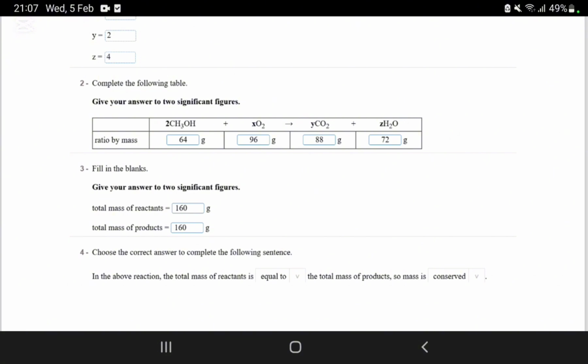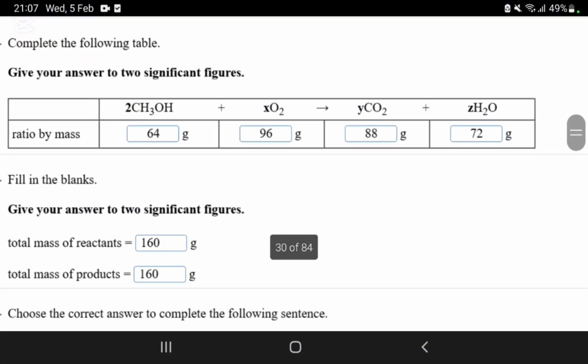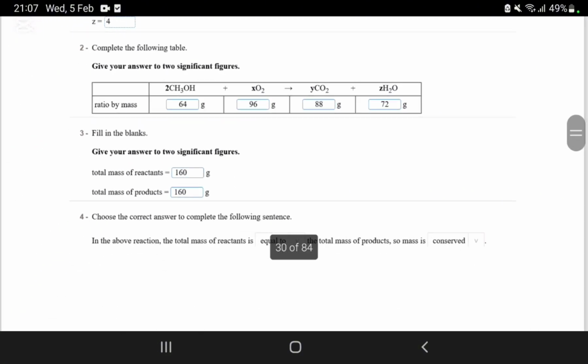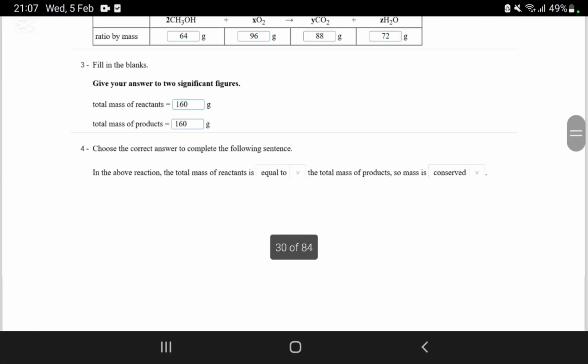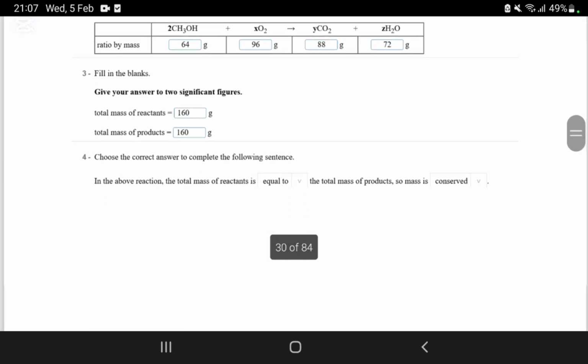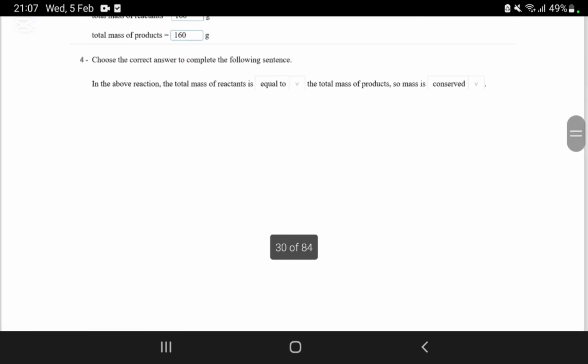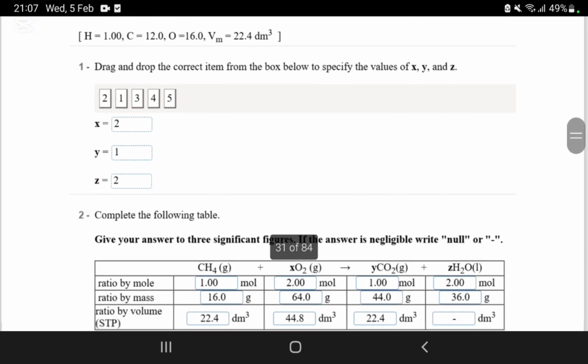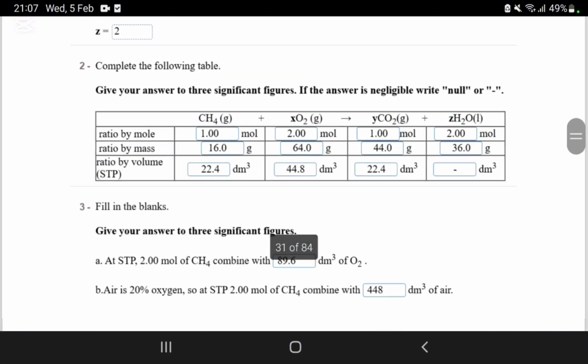And then, like for part 3, the total mass of the reactants will always be equal to the total mass of the product. So do 64 plus 96, then you'll just put it for both. In the above reaction, the total mass of the reactants is equal to the mass of products, so mass is conserved.